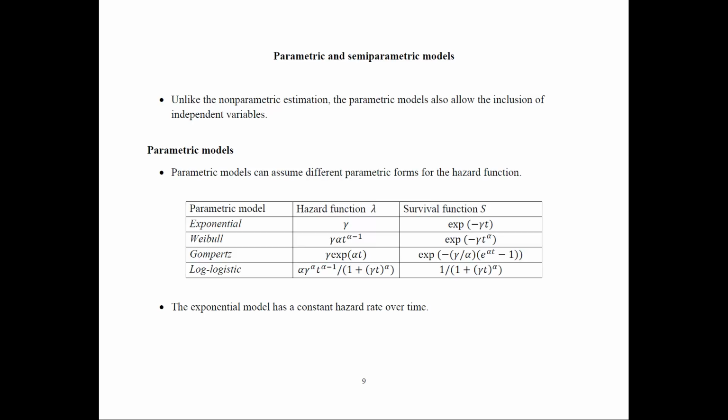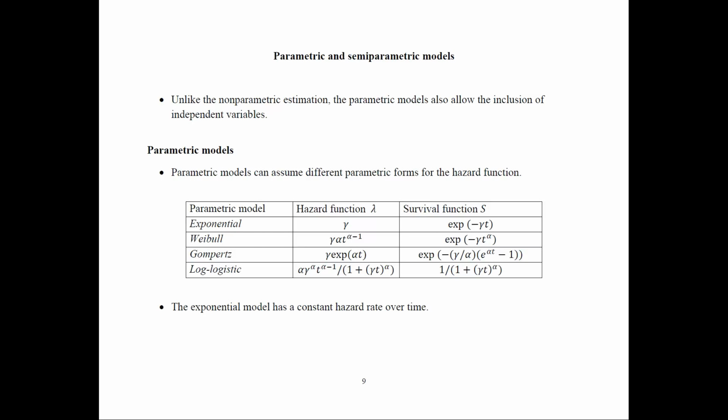Notice that the hazard function is constant over time, it doesn't have a t in this expression, which means that if you have time on the horizontal axis, the hazard function would be just flat over time, which means the probability of you experiencing the event, given that you've lasted so far, isn't changing over time.